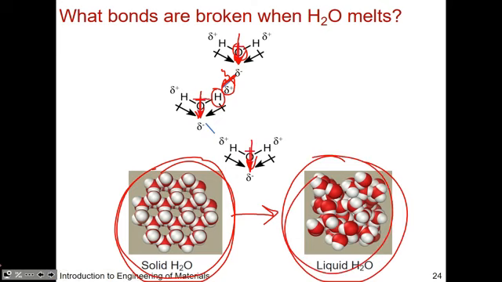And so that's why you see ice on top and water below, right? That's not typical of other metals. When they solidify, they become more dense. I flipped that. So hydrogen bonding is actually quite an important bond, and it's the reason why fish don't freeze to death in ice, right? Because the ice floats on top.